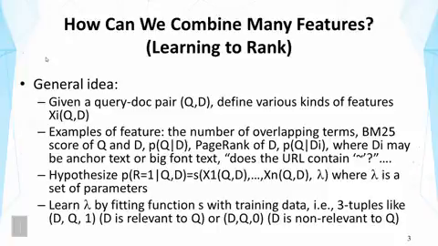Naturally, the next question is how do we estimate those parameters? How do we know which features should have a higher weight and which features should have low weight? So this is a task of training or learning. So in this approach, what we will do is to use some training data. Those are the data that have been judged by users so that we already know the relevance judgments.